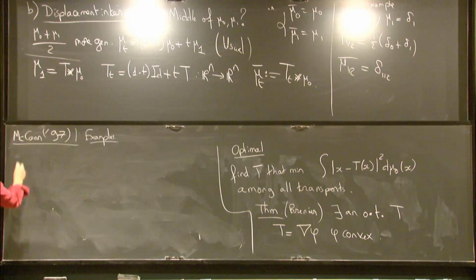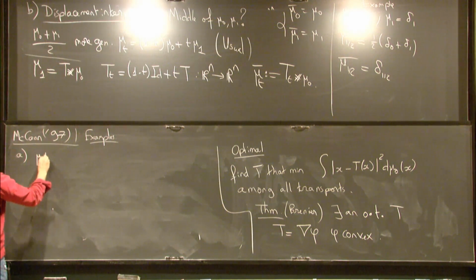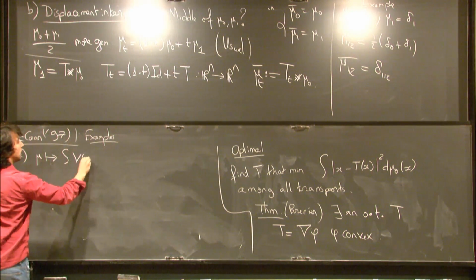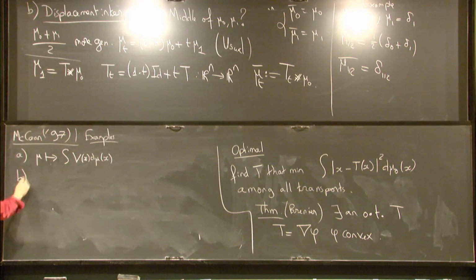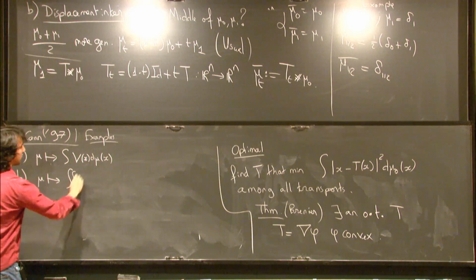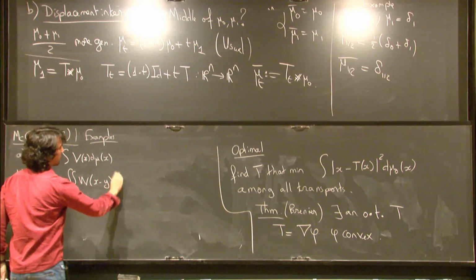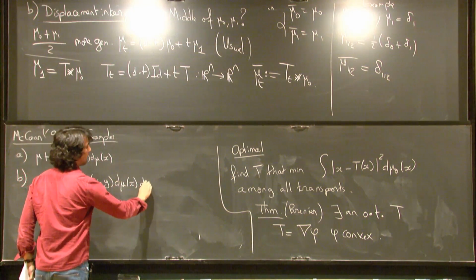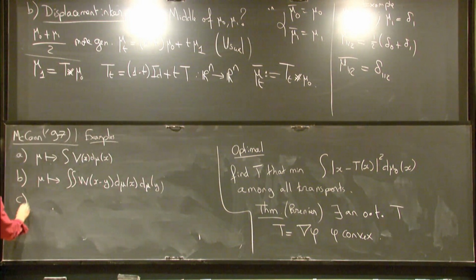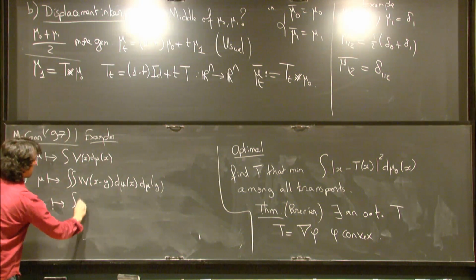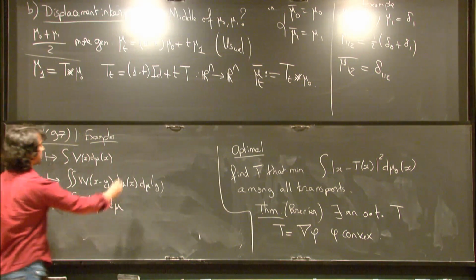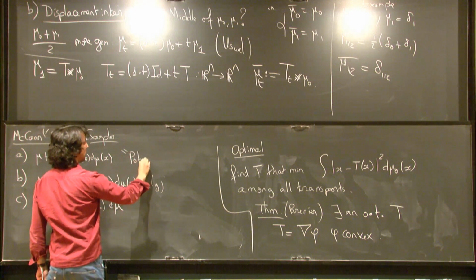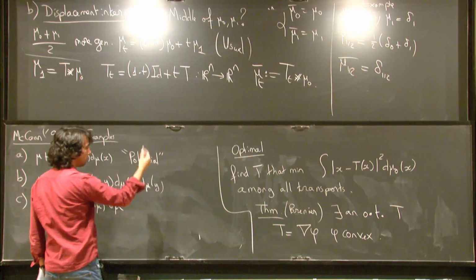So he says, well, there are three big classes of functionals that you may be interested in. There's this one, this one, and this one. I think that's just some kind of potential functional.